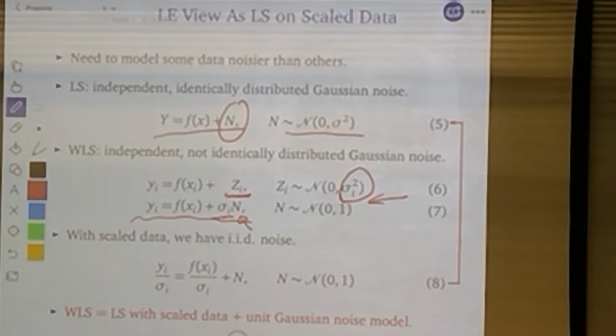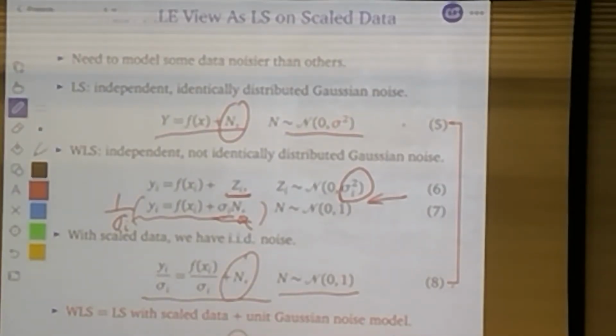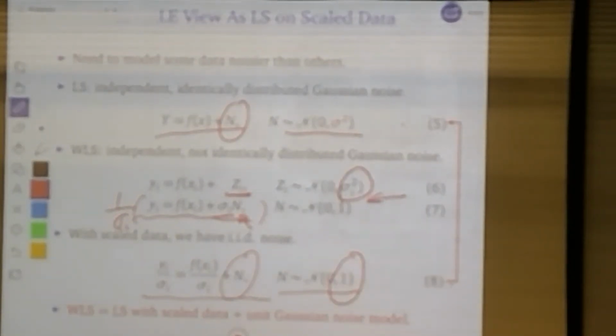Then, taking this equation, you divide both sides by sigma_i. Then you obtain this equation. And now the noise, again, is IID. That's the form we know of. It takes the same form, and here you have a unit standard deviation. This is some unknown but constant Gaussian noise spread. So from this perspective, you also reach the same conclusion: weighted least square is simply least square with scaled data plus some unit Gaussian noise model.